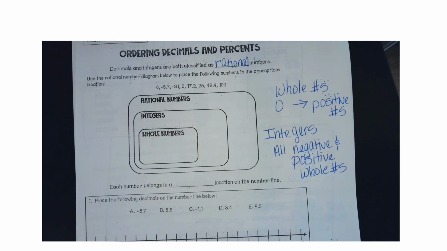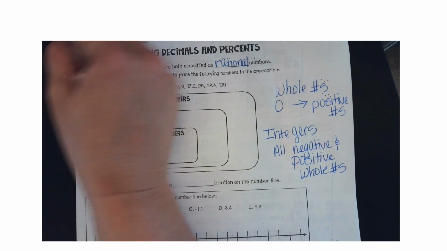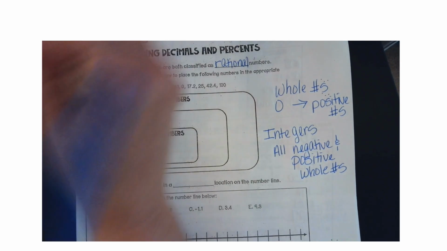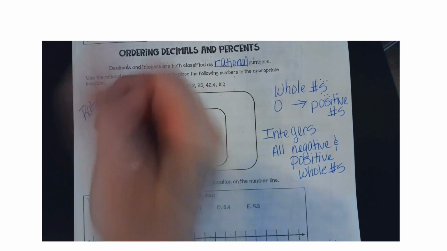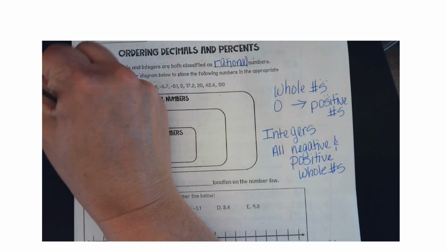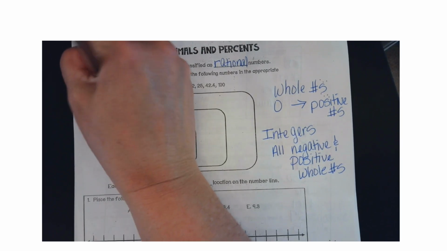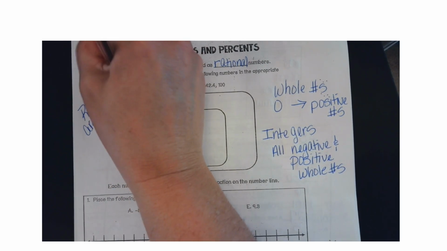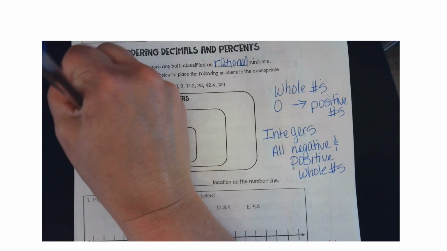All right, now rational numbers, what a rational number is going to do is include those decimals, the numbers that are in between your wholes. So between 2 and 3, between 3 and 4, okay? So rational numbers are fractions, and for right now, we'll just know that it is decimals.